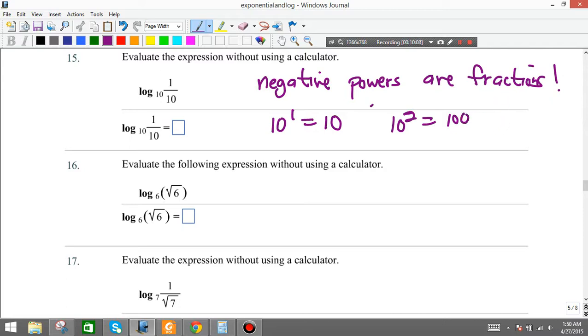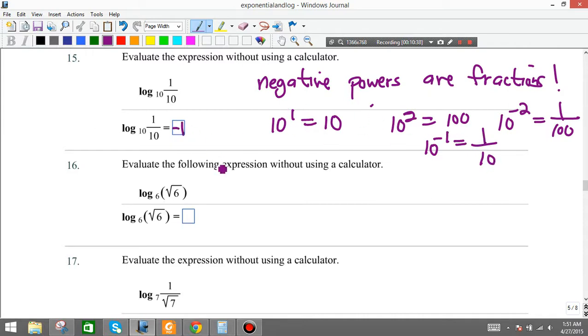But if I wrote 10 to the minus second, that's 1 over 100. Right? So the negative makes it a fraction. So you do 1 over 10 to the second. And so for this reason, 10 to the minus first is 1 over 10 to the first. And so negative 1 is the power that you raise 10 to get 1 over 10, and therefore the answer is negative 1.